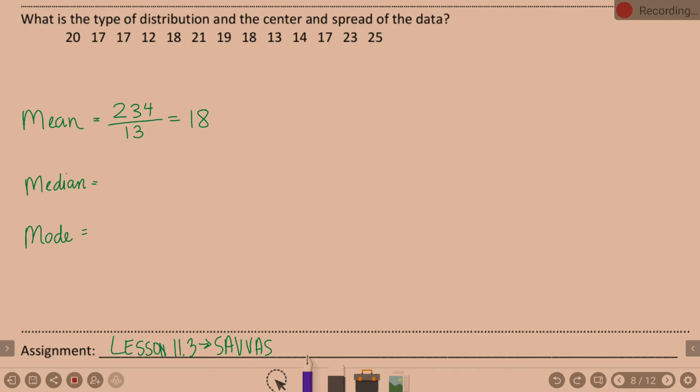So if I put these in order, I think 12 is my smallest. 13, 14, 17, 17, 17, 18, 18, 19, 20, 21, 23, and 25, yes?